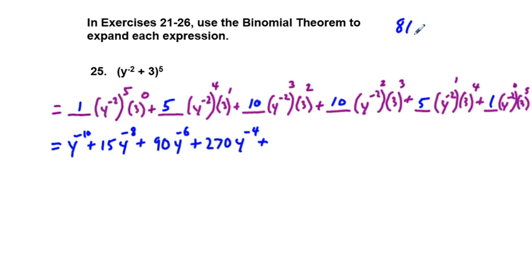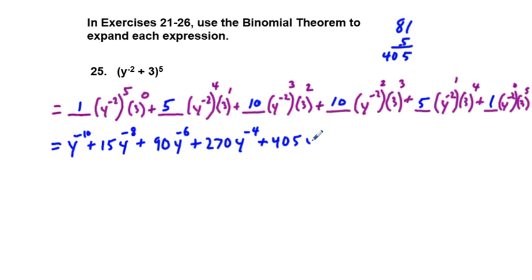So 81 times 5, that's going to be 405, right? So we get 405.